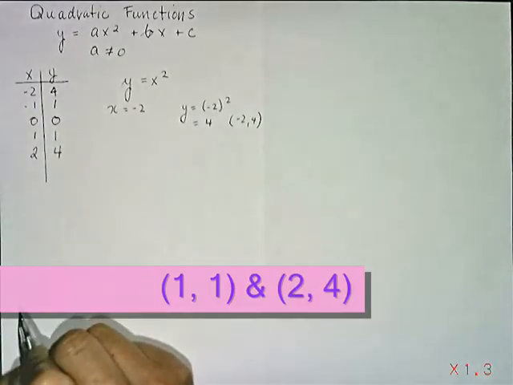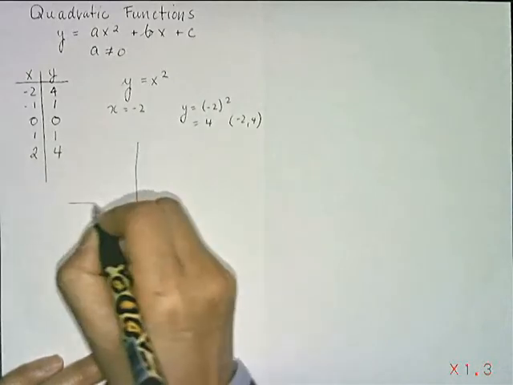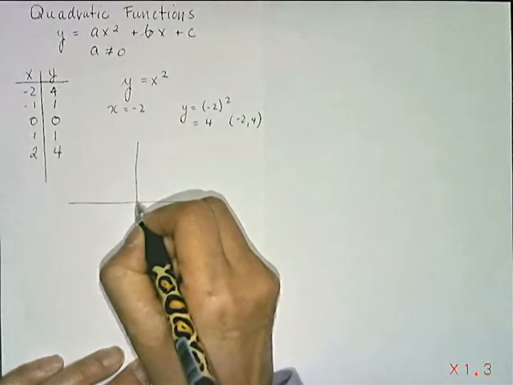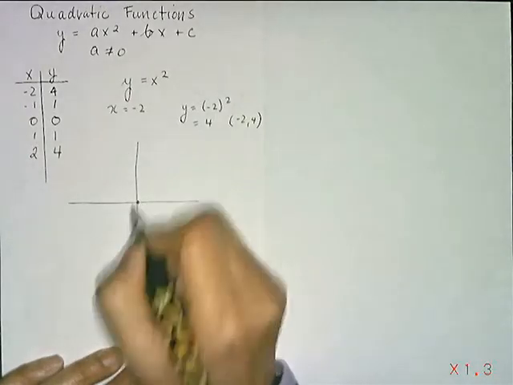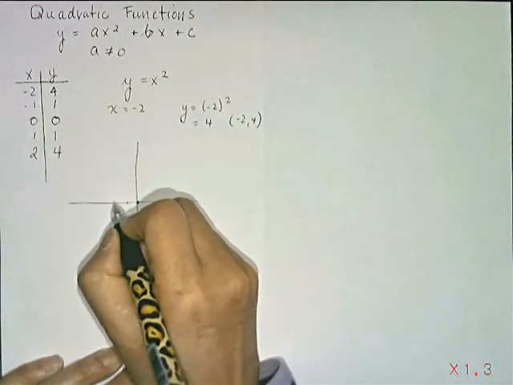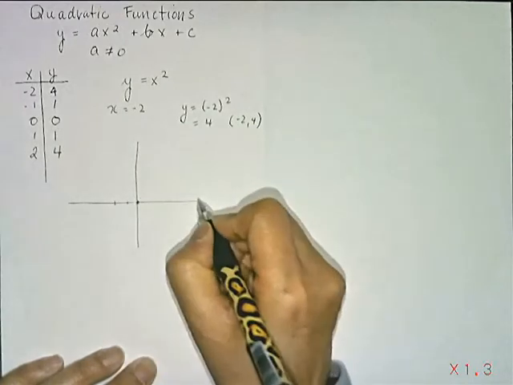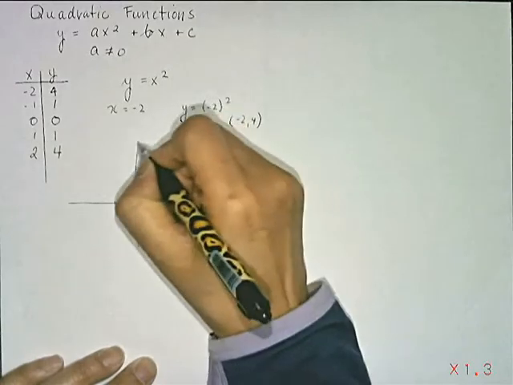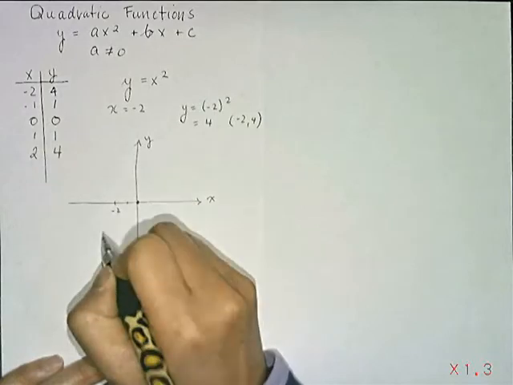If we did a quick sketch of this, and I'm just going to do a quick sketch here. 0, 0, I can see is going to be right on the graph. If I go back 2 on the x-axis, that's the first number, x and y, so back 2 is -2, and then we need to go up 4.